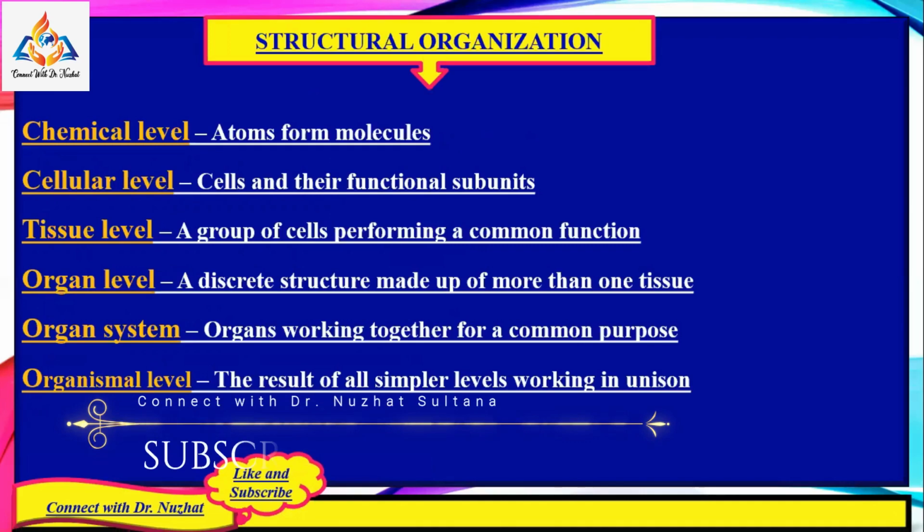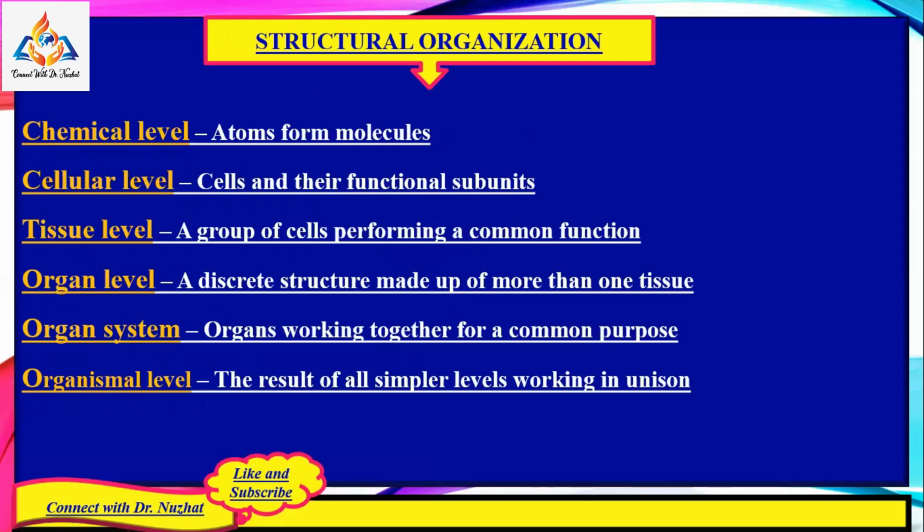The structural organization: these are chemical level, cellular level, tissue level, organ system, organismal level. What are the structural levels of organization?